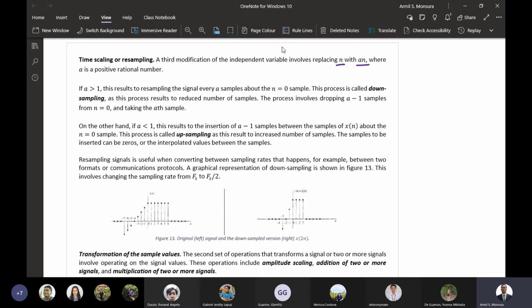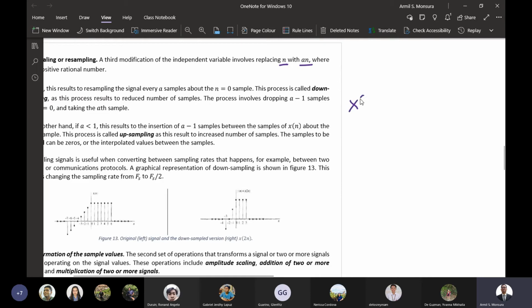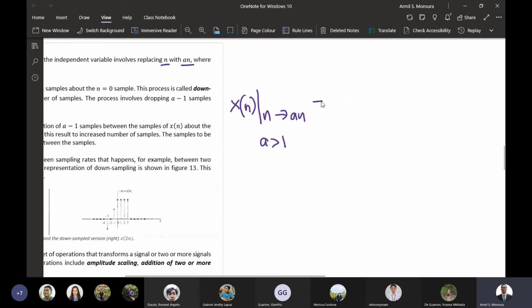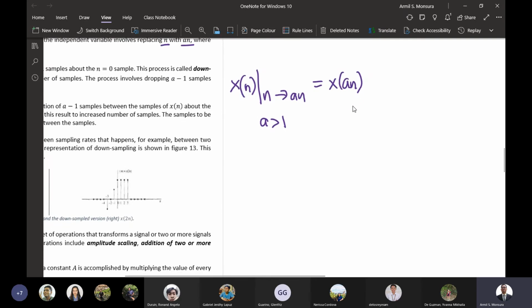Okay? So, ibig sabihin, kapag meron kayong x of n, at yung n ay ni-replace nyo with an, given that yung ipapalit nyo sa a ay greater than 1, yung magiging signal x of an ninyo, ito na yung manipulated signal ninyo, ganito yung mangyayari sa kanya.